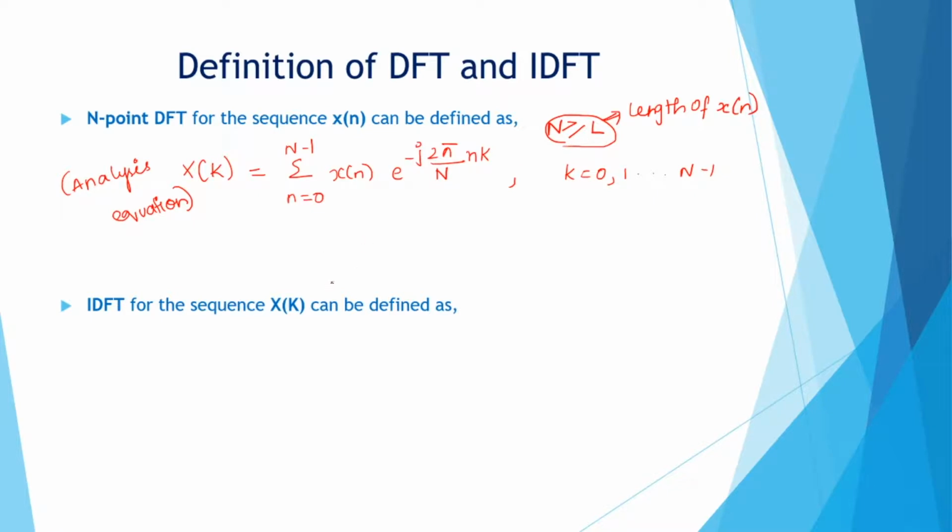Next, the IDFT: I can obtain the time domain sequence x of n given X of k as x of n equal to 1 by N summation k equal to 0 to N minus 1 X of k e power j 2 pi by N into nk, where n varies from 0 to N minus 1.